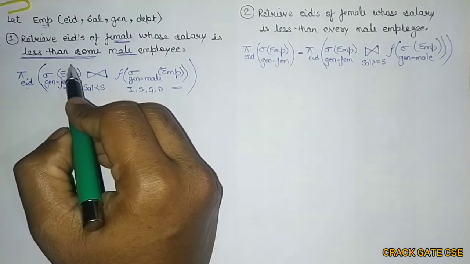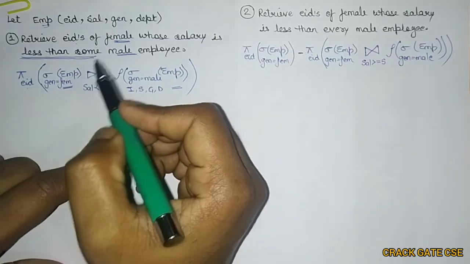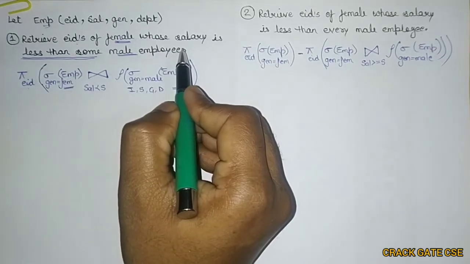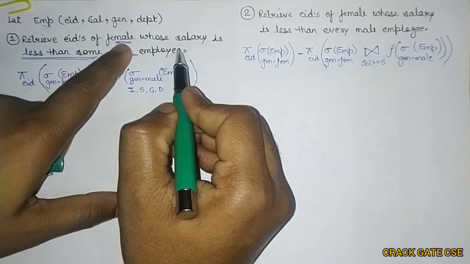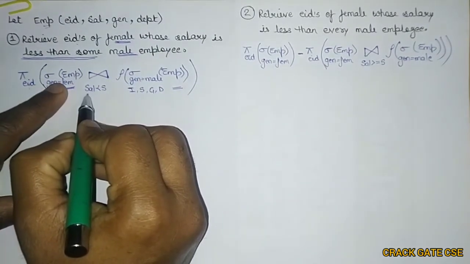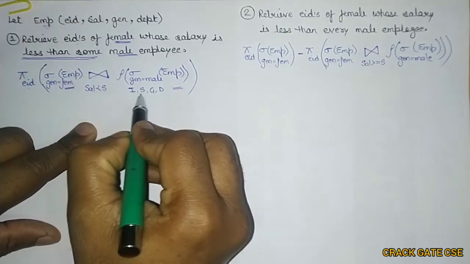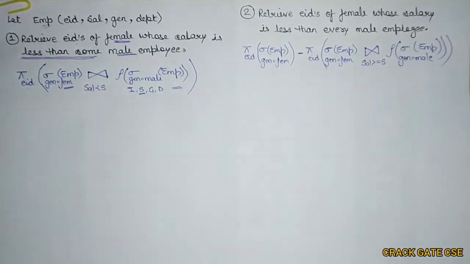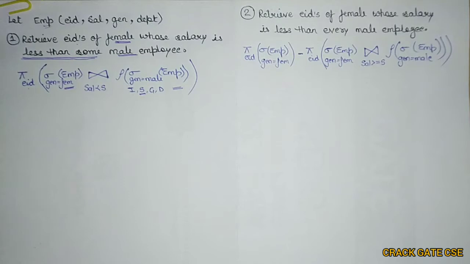Now I have to satisfy this less than some condition. That means salary is less than some. We have to retrieve female whose salary is less than some, that means salary from this table is less than S. So this is how we can formulate the relational algebra query.